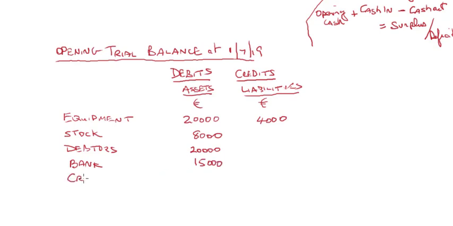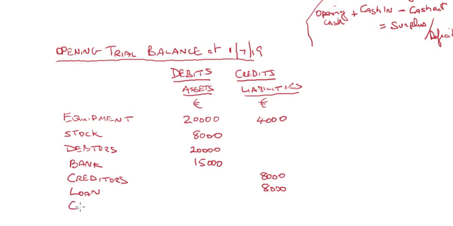There were creditors in the balance sheet as well. The creditors is a liability, money owed to suppliers, so it's 8,000. And the loan from last year is also 8,000. I think we said it was a lot of 8,000s in this question, but that's just a coincidence.